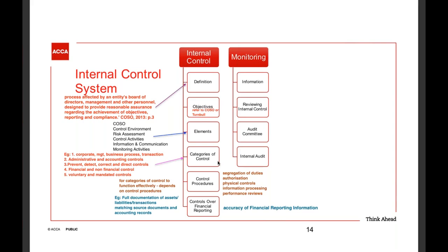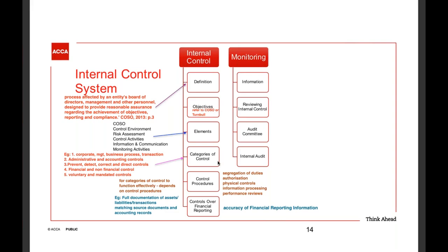What's the purpose of control procedures? Basically, for your categories of control, like corporate management, administrative, accounting, prevent, detect, correct, and direct controls, or financial and non-financial controls, voluntary and mandated controls, to function effectively, it depends on the control procedures.